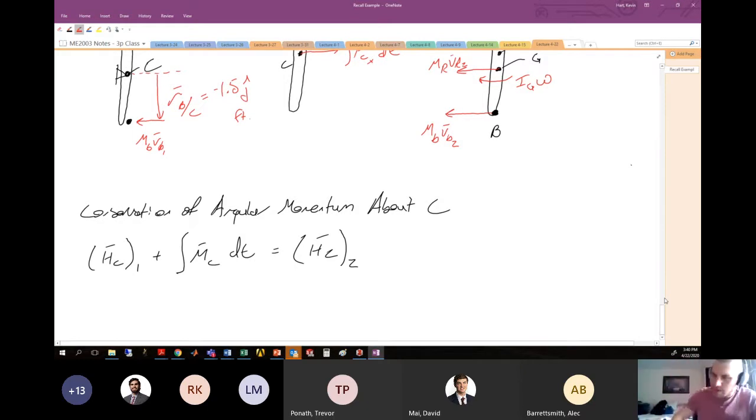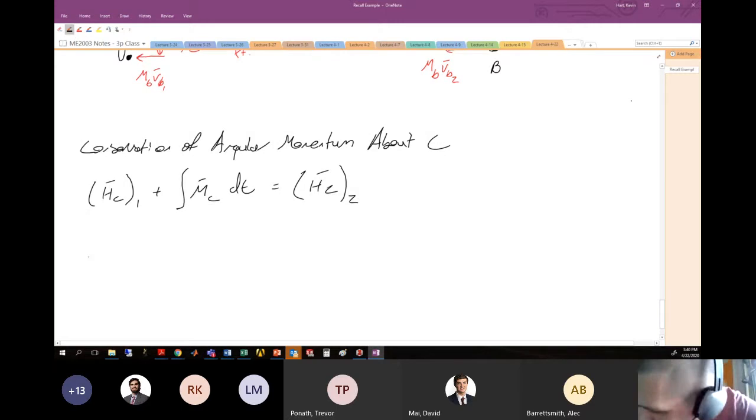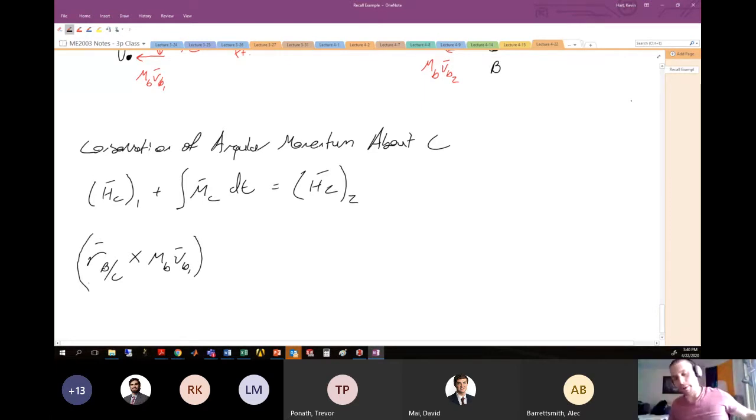So I do this cross product: R_BC cross m_B v_B1. That's going to be my angular momentum there. So this is the position vector locating B from C, crossed with the linear momentum of the bullet, which is m_B v_B1. All right. That is my angular momentum about point C, state number 1.